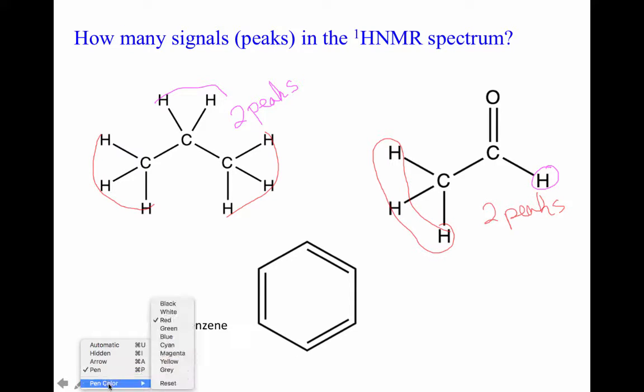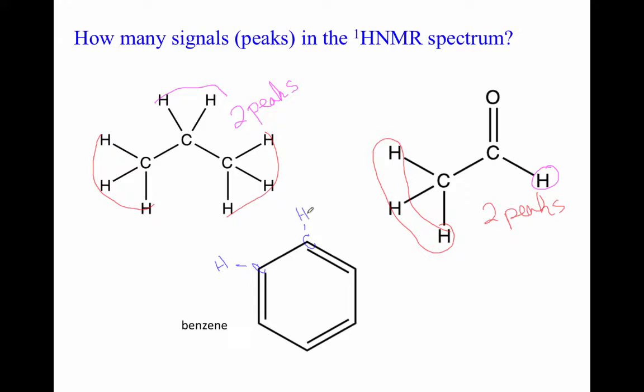And then if we look at this one, remember each one of these is a carbon and a hydrogen connected, and remember you also have that resonance. This is one peak. All of these hydrogens are in one chemical environment.